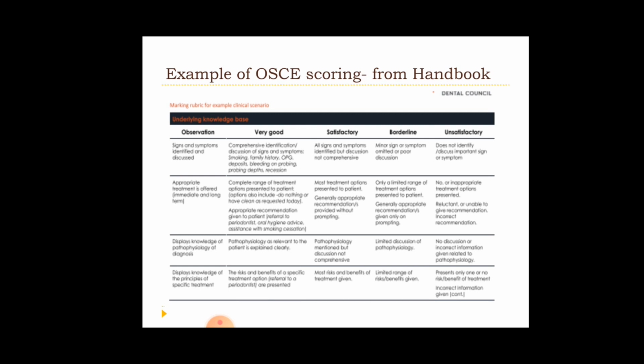For you to get a very good mark here, you need to cover all the points which have been mentioned under it, namely comprehensive identification and discussion of signs and symptoms, smoking, family history, OPG, deposits, bleeding on probing depth, etc. And for you to score unsatisfactory, you would not be identifying or discussing any of the important signs and symptoms which have been mentioned in the very good category. So this is how the scoring is done, which is just an overview that I have given you today.